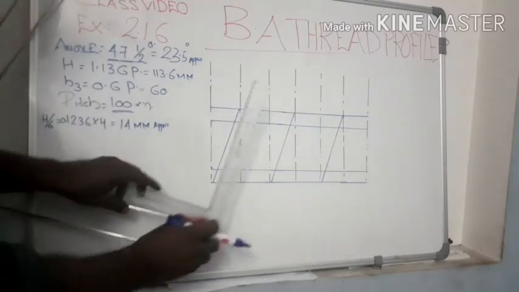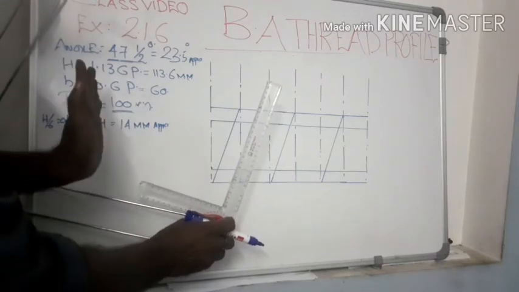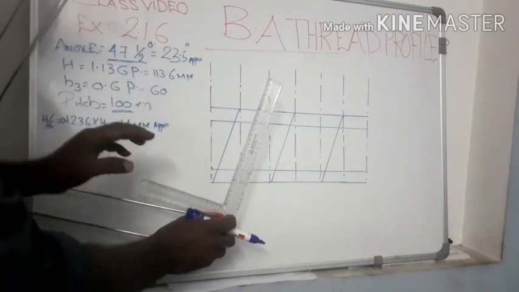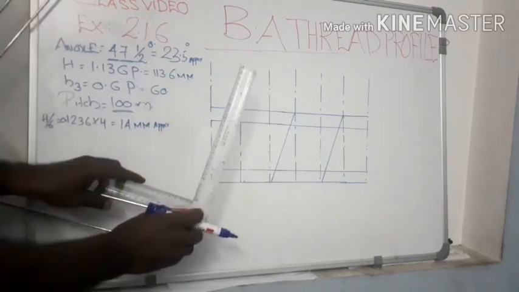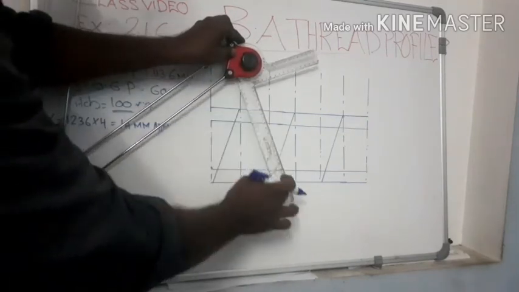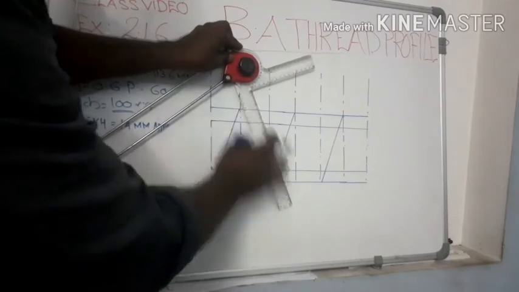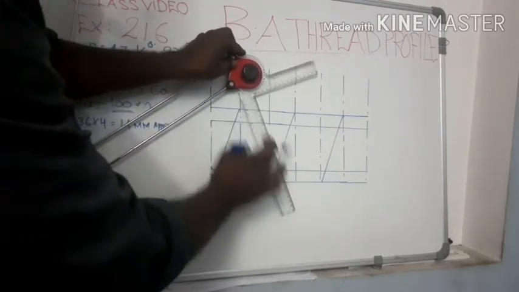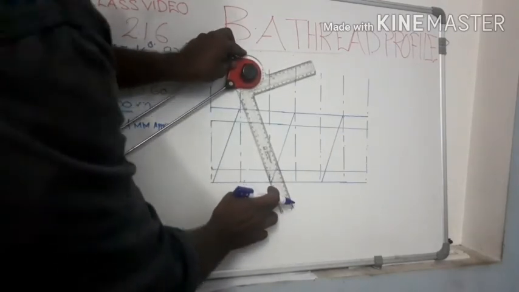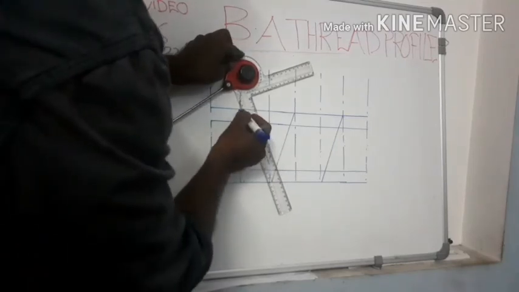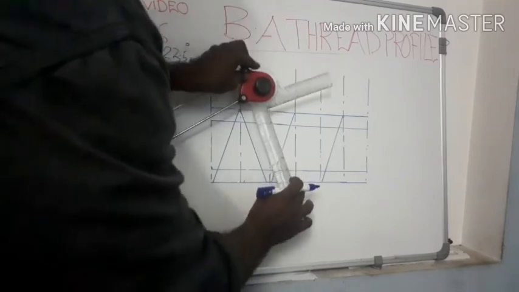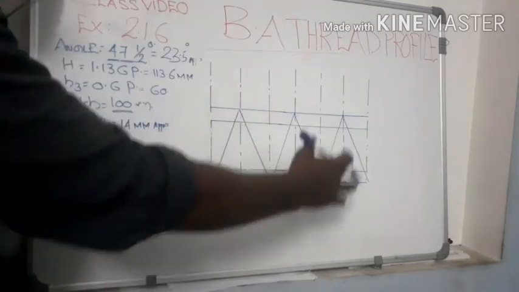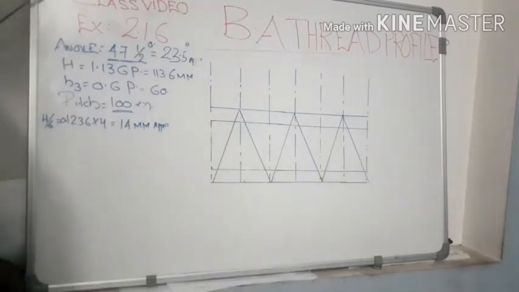Now reset your mini drafter to half of the included angle in the opposite direction. Now our mini drafter is set at 23.5 degree to the opposite direction. Now draw an inclined line from this point to this point. Now we have completed the V shape of the thread profile.